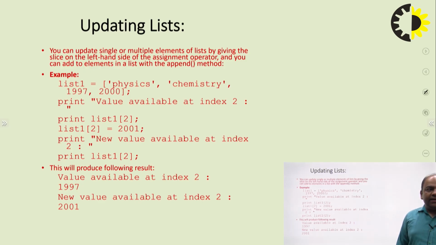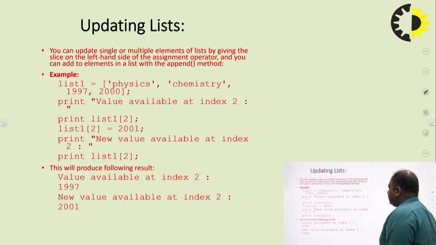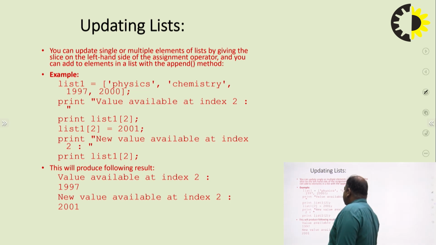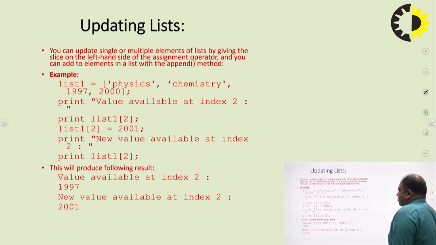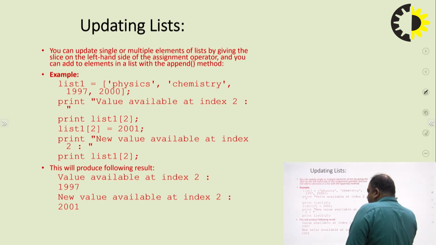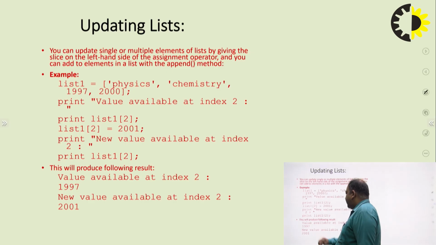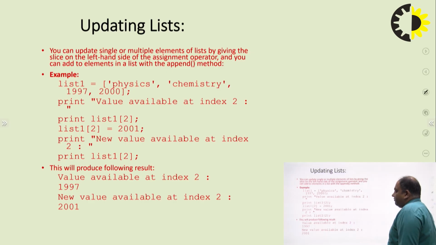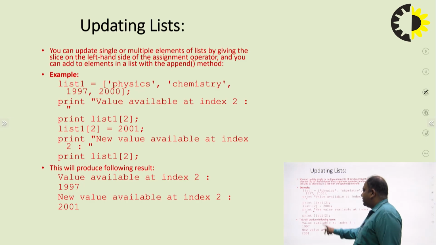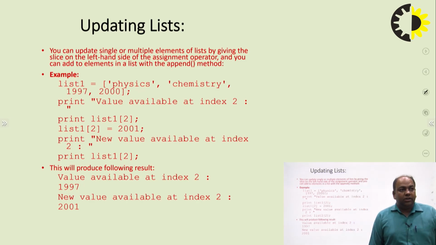When we want to update any list, we just write the index, like index 2 in list1. The value available at index 2 is 1997, and the new value which we have given at index 2 is 2001. So it updates the value at index 2, converting it from 2000 to 2001.